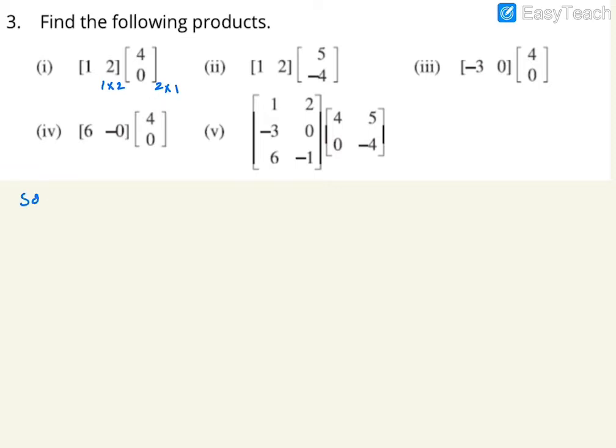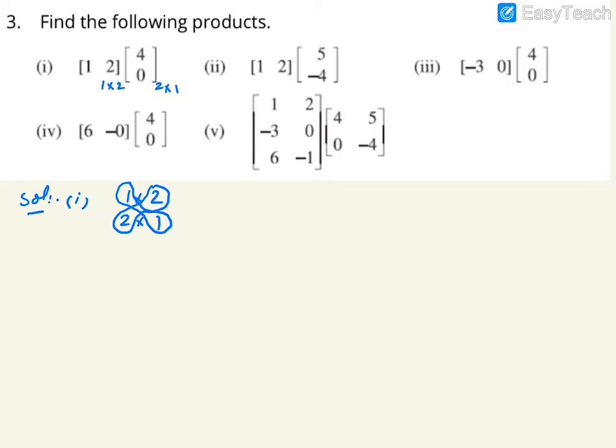So solution of part 1: 1 into 2 and 2 into 1. So these are the same. The number of columns of the first matrix equals the number of rows of the second matrix, so multiplication is possible, and the resultant matrix of the product will be 1 row and 1 column.